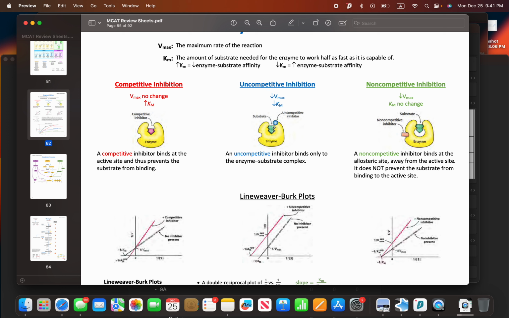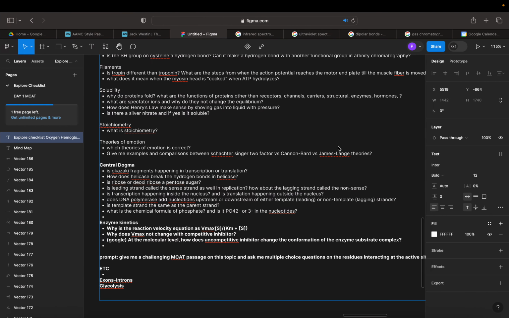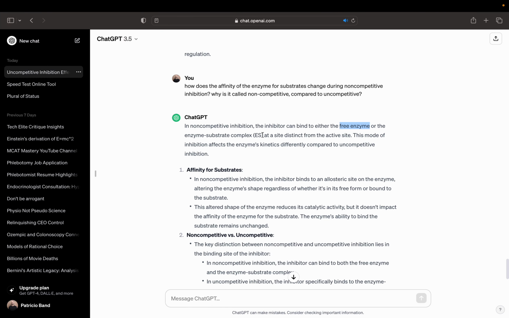It locks the enzyme substrate complex. So the enzyme substrate complex was playing with the Vmax mostly, and this mode of inhibition affects the enzyme's kinetics differently compared to uncompetitive inhibition.